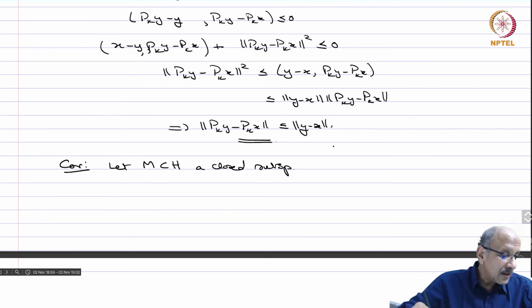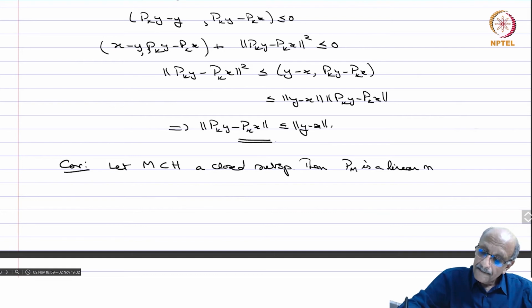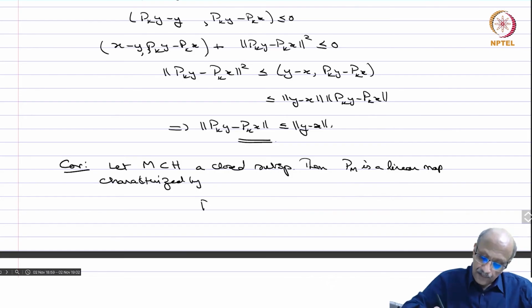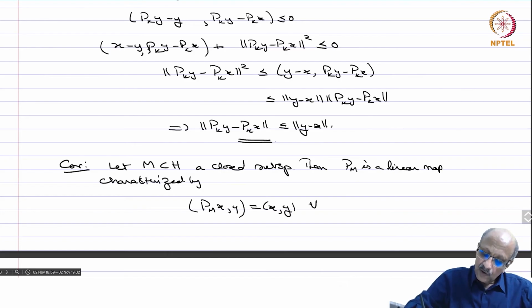Then P_M is a linear map characterized by ⟨P_M x, y⟩ equals ⟨x, y⟩ for all y in M. Okay.